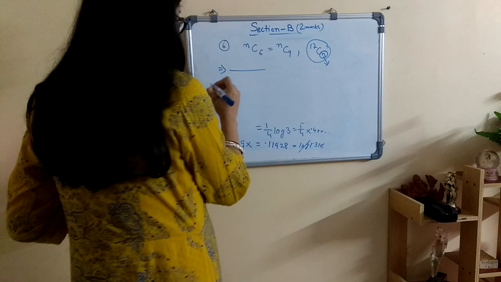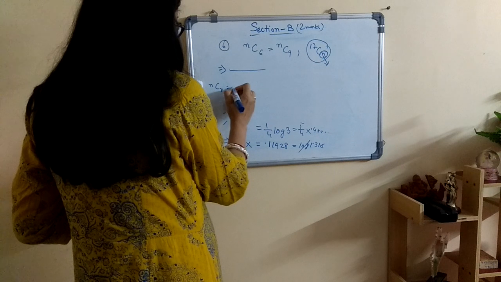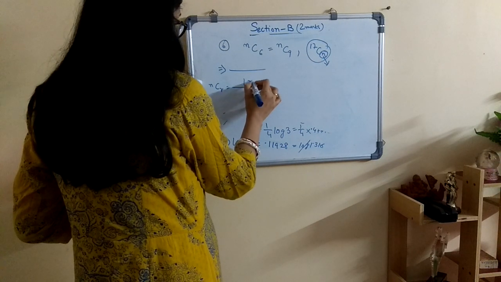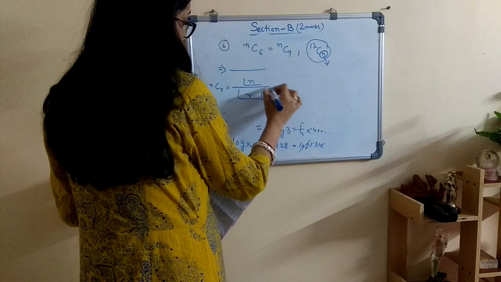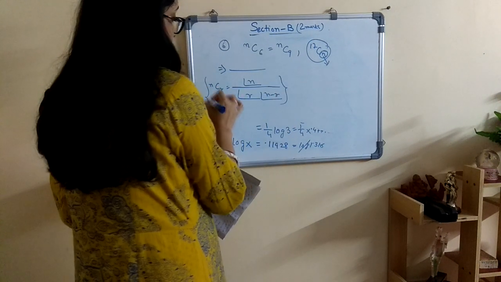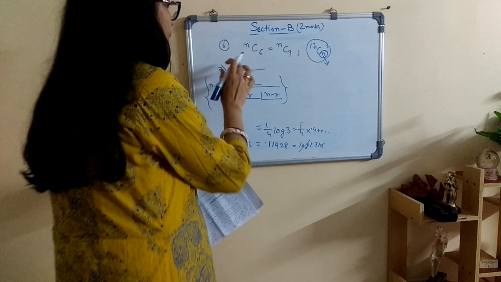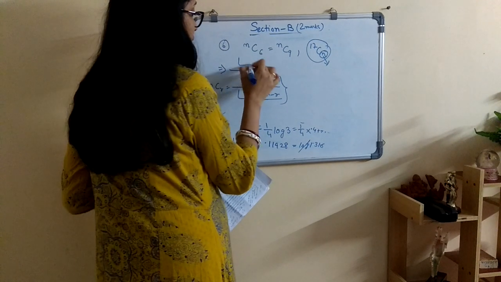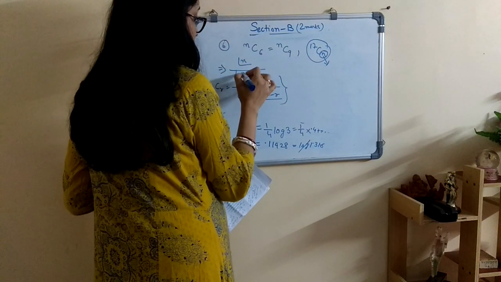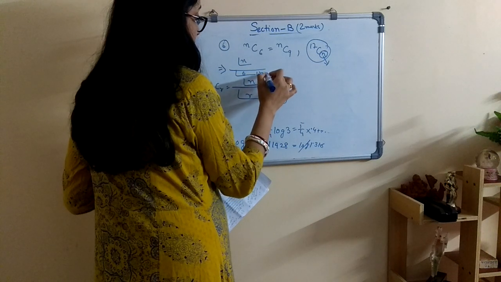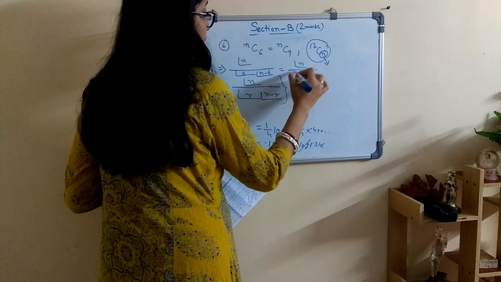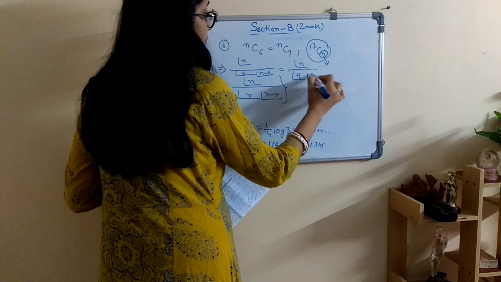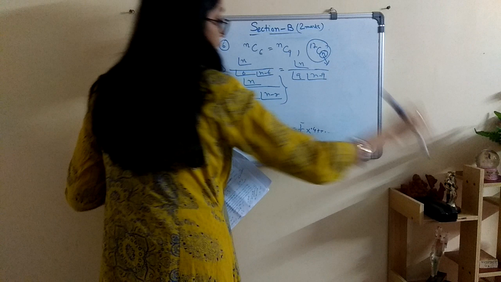We know that the general form of nCr is equal to factorial n by factorial r factorial n minus r. So this general formula, we will put here: factorial n by factorial 6 factorial n minus 6 equals factorial n by factorial 9 factorial n minus 9.